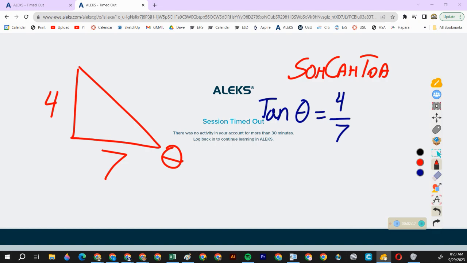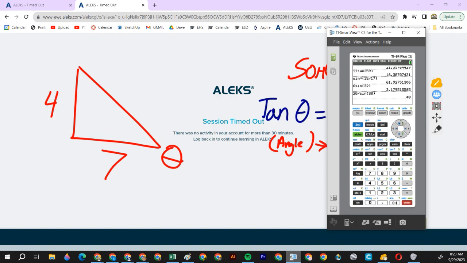All trig ratios take this, which is an angle, and convert it into this, which is a ratio. Okay, so it's 4 over 7. The ratio is 0.57.